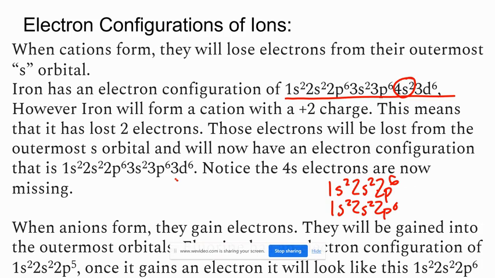So table salt, oh, I did that the wrong one. Yeah, so if you think of this one as the sodium, so it was 3s1, this was 3p5, so this is chlorine, this is sodium, okay?